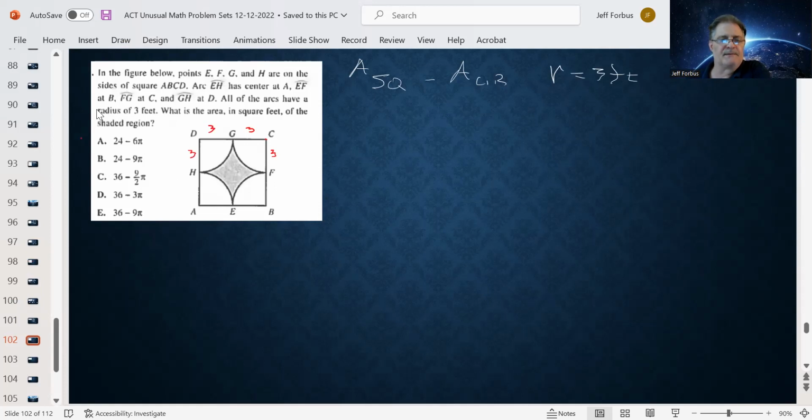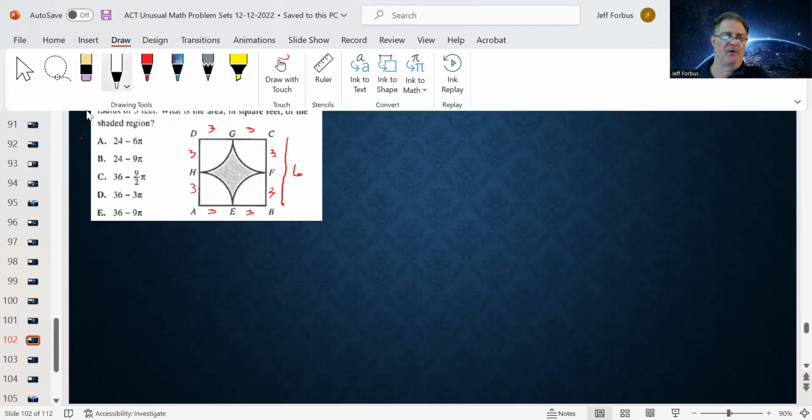That's your radius all the way around. Okay. Now we know because of that, the square's side length is a total of 6. So we got some extra information out of the figure. Let me switch back to my white pen.